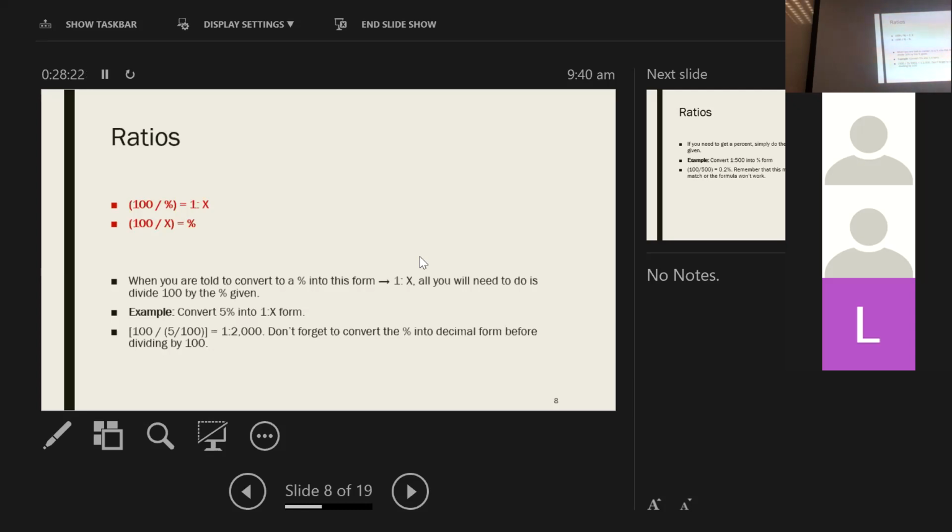Remember, it's just written differently, but it means the same. Anybody that can try? How would you write your percentage there?